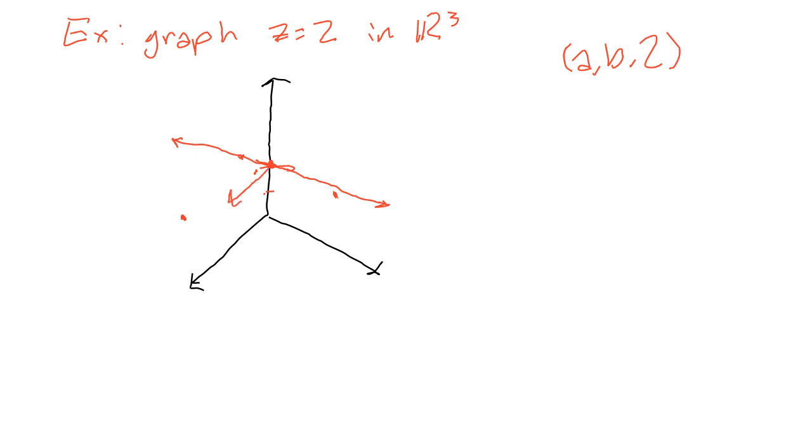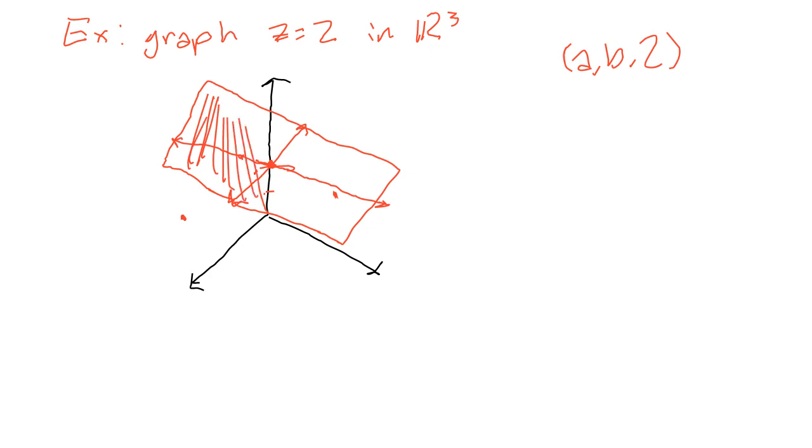That is still valid just as long as we stay within z equals 2. If we draw this out with all those potential points, we essentially get a plane.